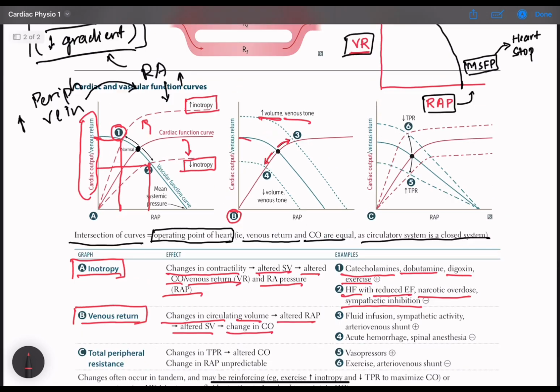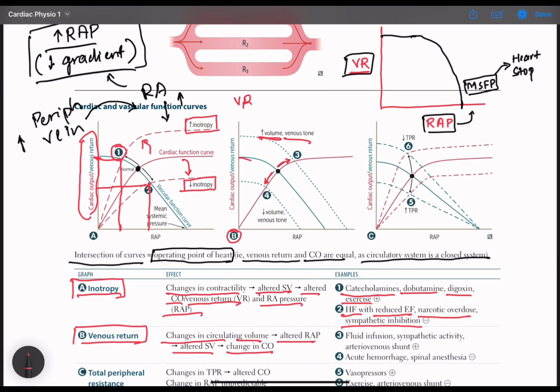Venous return depends on two things: the circulatory volume, as well as the venous tone. Since veins store most of the blood of our body, up to 70% of the blood is stored within the venous system.